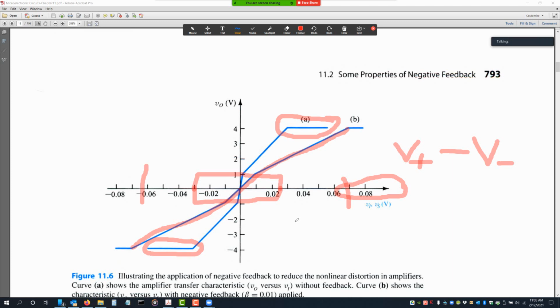Okay? Let's start getting more specific about these amplifiers and talk about feedback voltage amplifiers, which you have used, but we're going to take a more disciplined look at their characteristics in the presence of feedback.